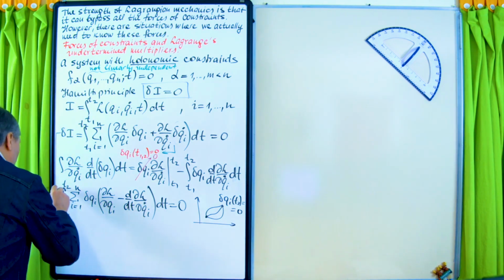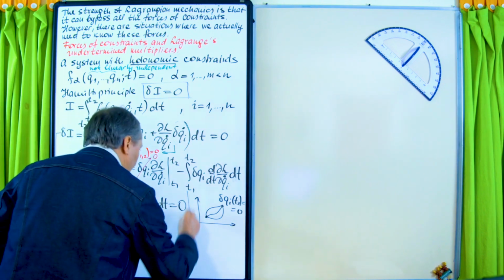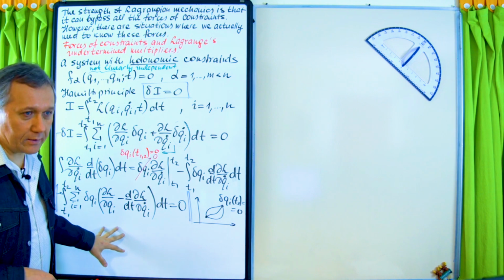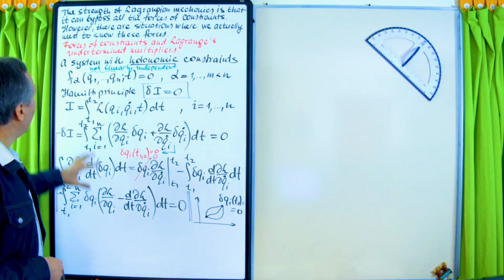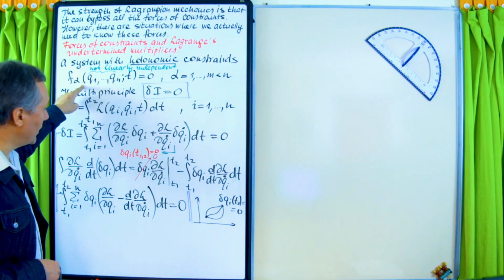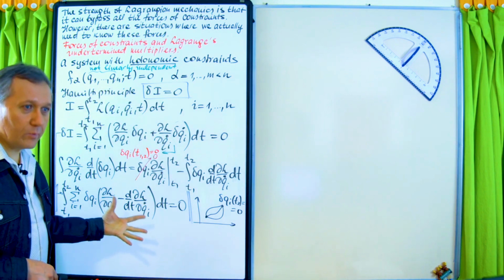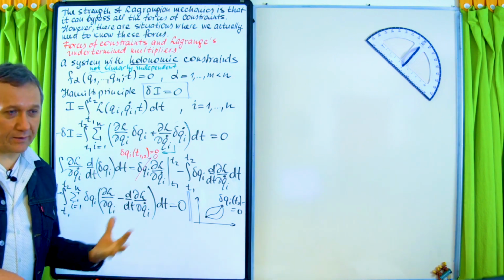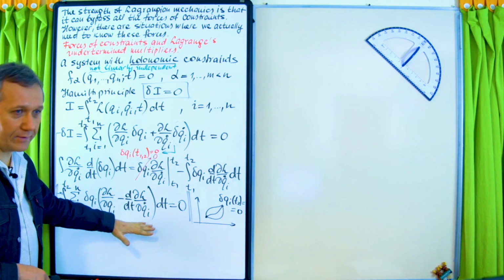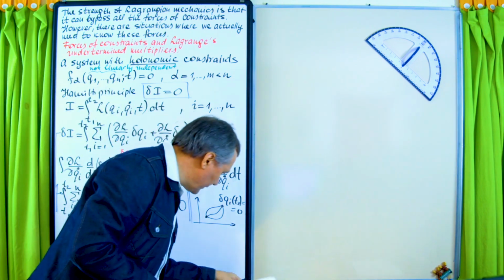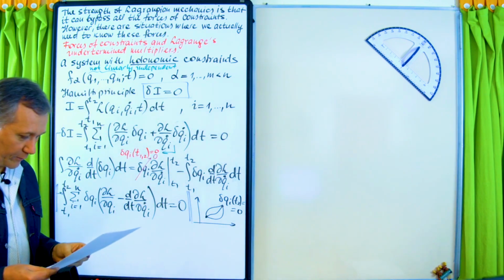Let me just highlight it like this, so that I will need it in a few minutes. And now I need to massage the equations of constraints in order to get something which can be combined with this in order to get the modified Lagrange equation. So now let's leave this alone, let's leave it behind, and let me check if I mentioned everything before I go.